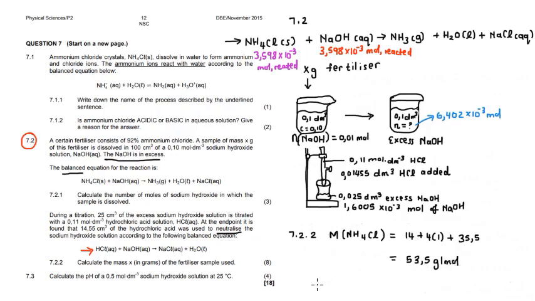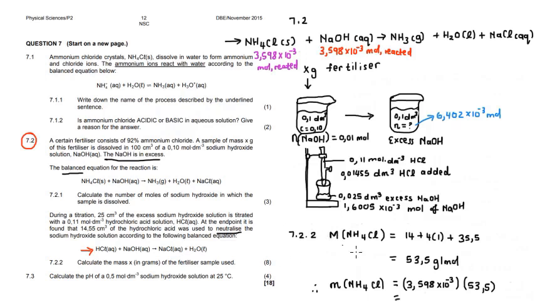Right, so then therefore we can say that the mass of ammonium chloride is equal to the number of moles times the molar mass.